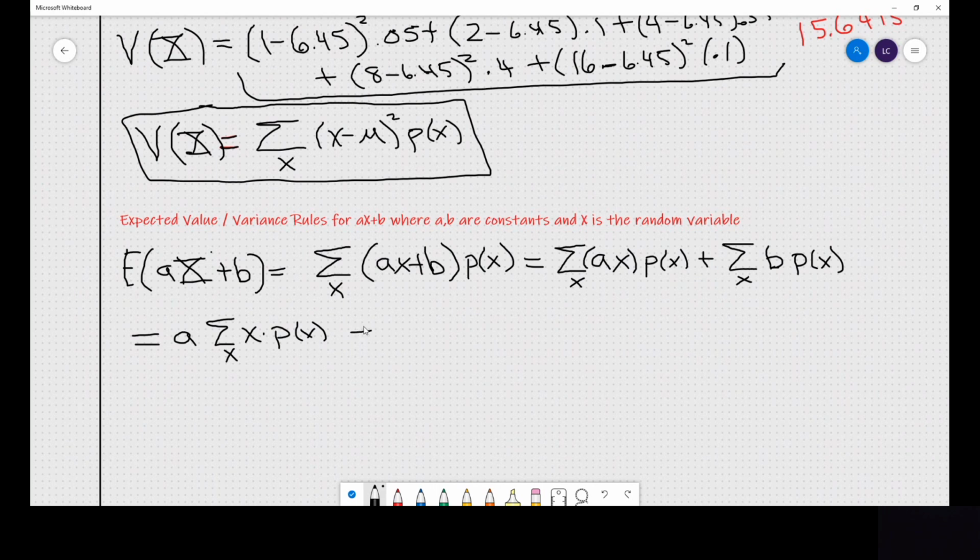And then I'm going to do the same thing with this one. I'm going to pull out a b because it's a constant, and then I'm left with p of x. Okay, so what we notice about this is that it's equal to the expected value of x.